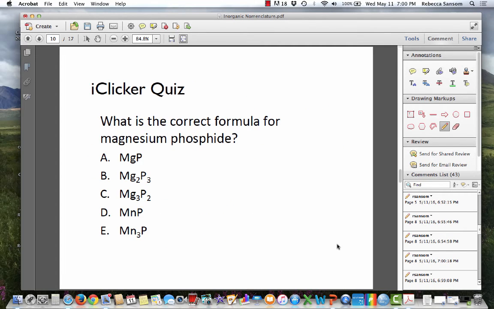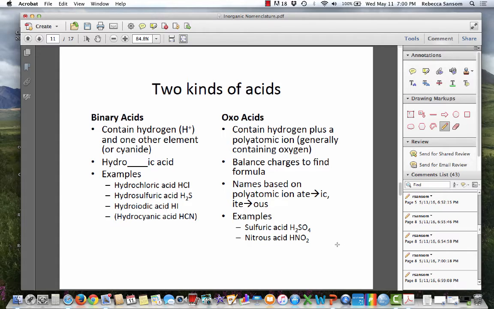Now, let's talk about acids. We have 2 kinds of acids. We have binary acids and we have oxo acids. Binary acids contain hydrogen and 1 other element, or it can be cyanide. Cyanide's a polyatomic ion, but it's a little strange. It follows the rules as if it were a binary acid. How do we name these guys? We're going to call them hydroblankic acid.